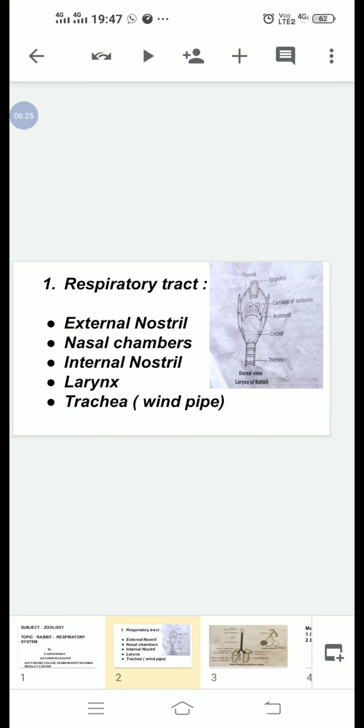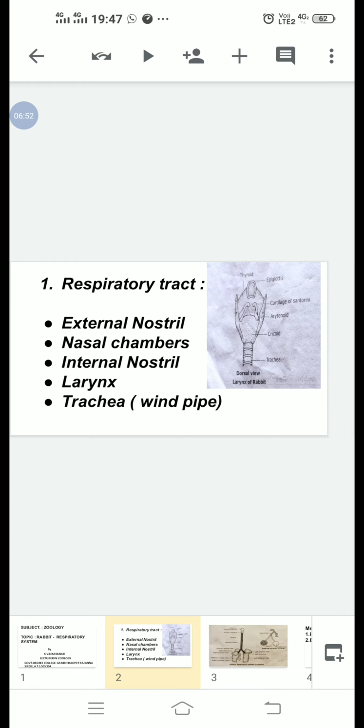The epiglottis closes the glottis during swallowing of food or water. Glottis opens into the larynx. It is the voice box.